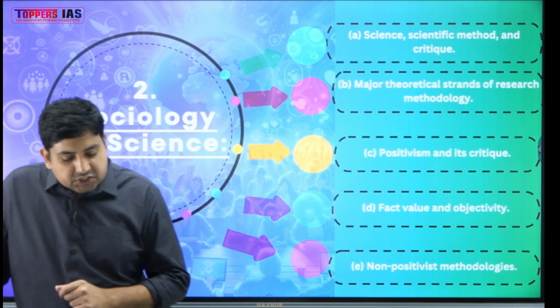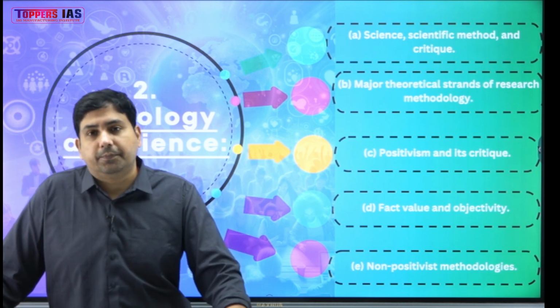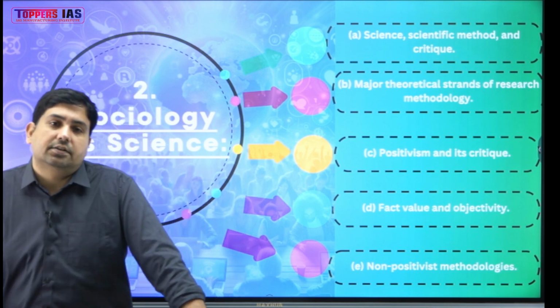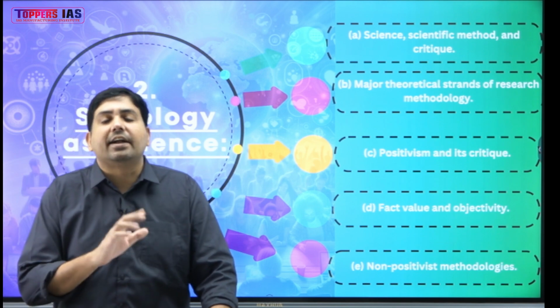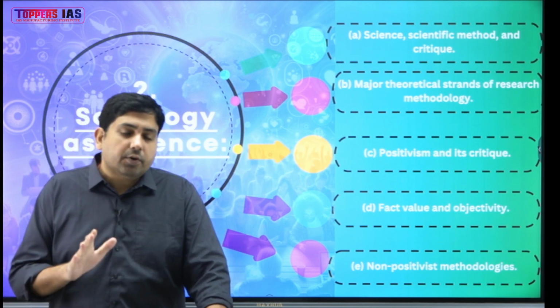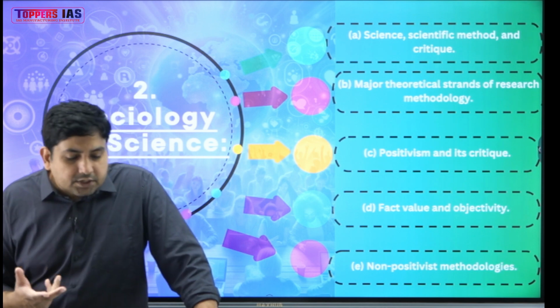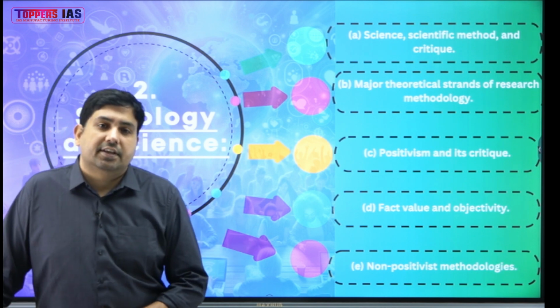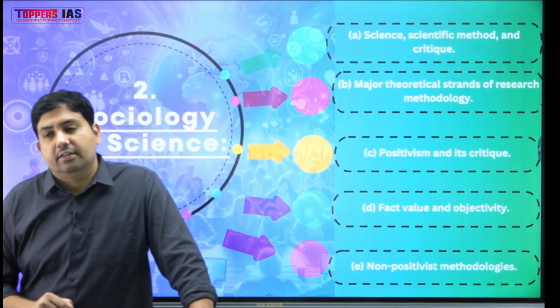The next subtopic under it is major theoretical strands of research methodology. Now what is meant by theoretical strands? A theoretical strand means a distinct set of ideas or concepts that forms the foundation for understanding something.